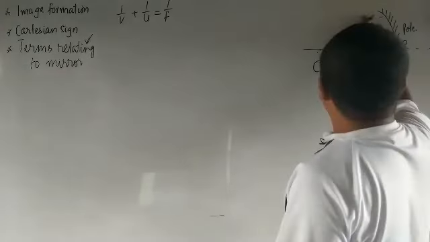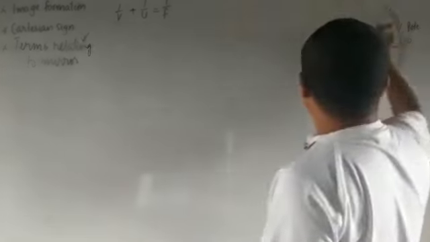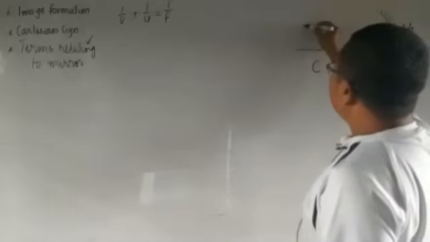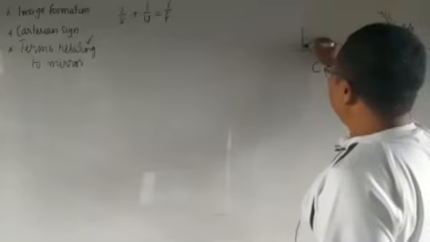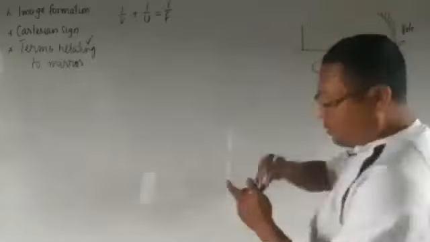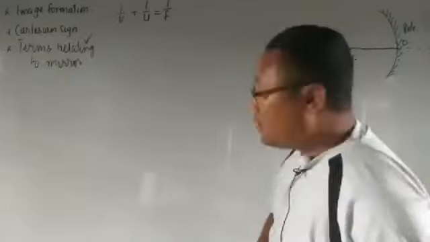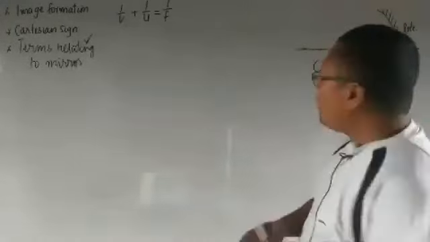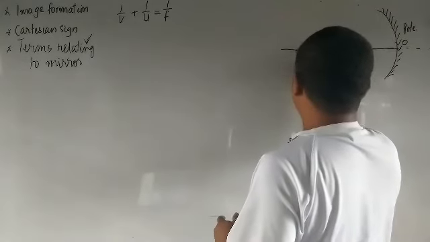So in order to derive this mirror equation, I'm going to take an object which is placed beyond the center of curvature. Let me just take it a little further. An object which is placed beyond the center of curvature.